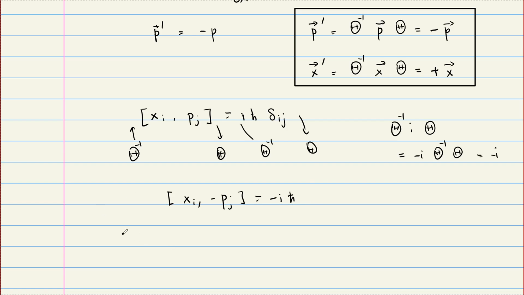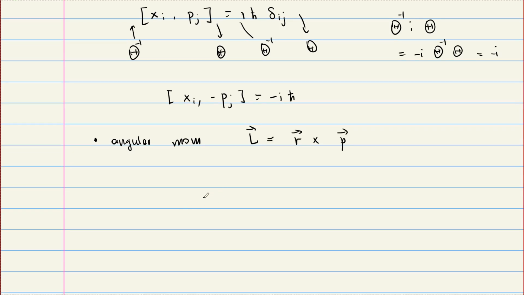Let's also think about angular momentum. So angular momentum, which is L is equal to R cross P. And what do you think this should give? This theta minus 1 L theta. So this one?